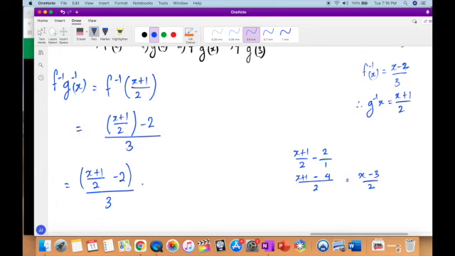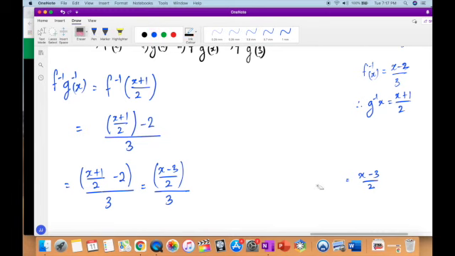So now I'll work out the fraction on top to get x minus 3 over 2 over 3.